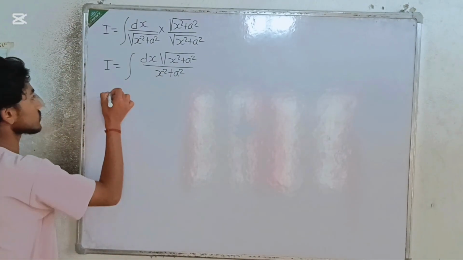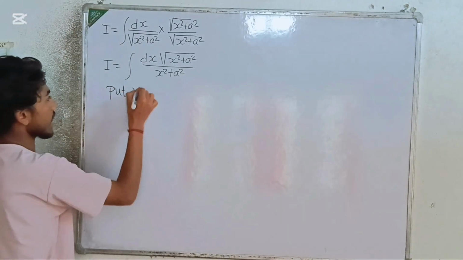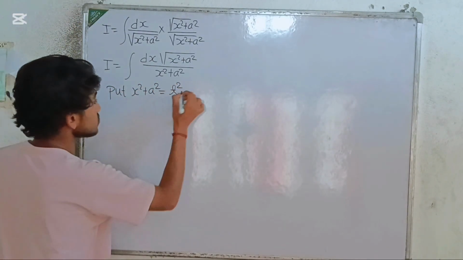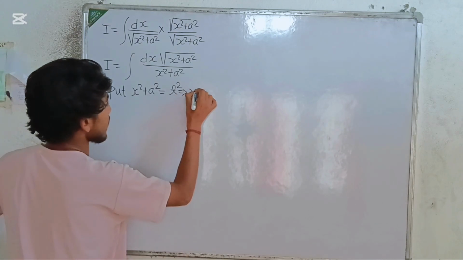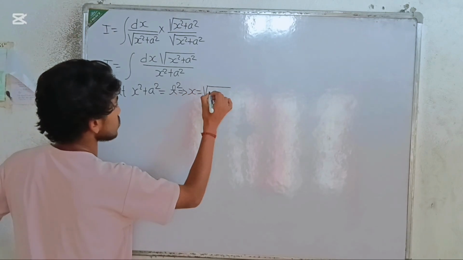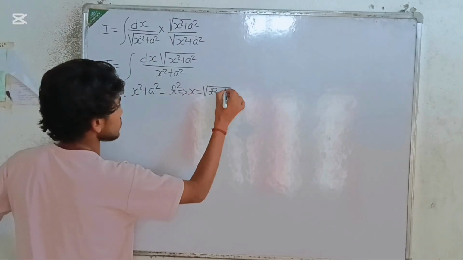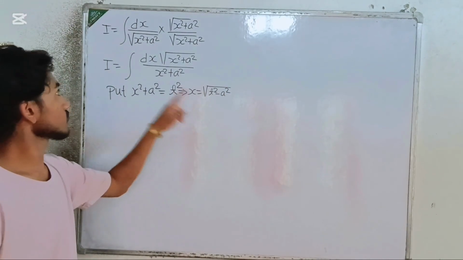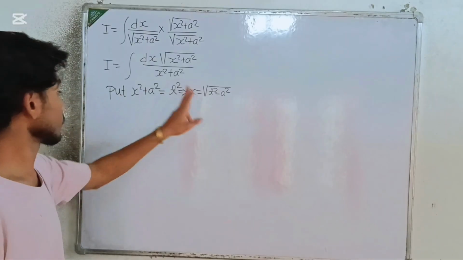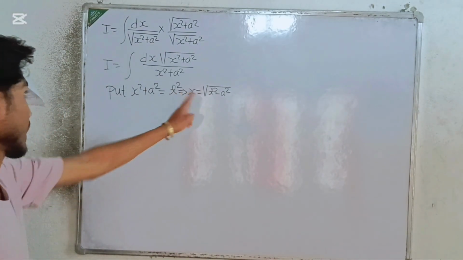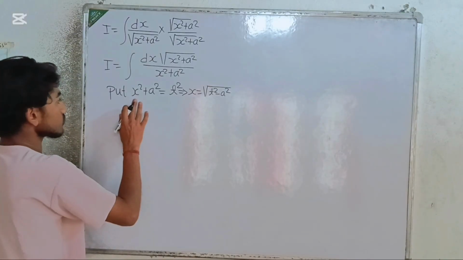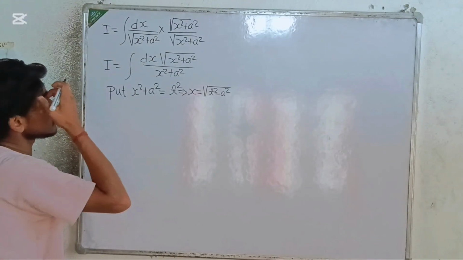I would like to put x squared plus a squared equals t squared, such that x is the square root of t squared minus a squared. Why should I substitute here? Because in the later case I would have to put the value of x, such that I had used that term.